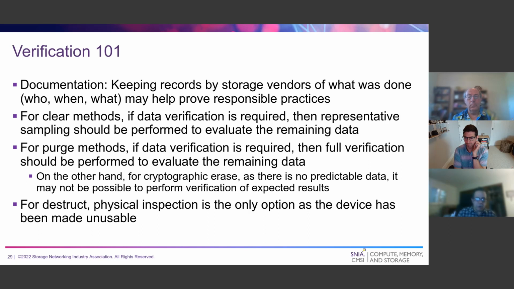The data is more important. It may be more important to your organization to ensure that it's completely gone. In the cases where the data is not available, such as cryptographic erase, where there's no predictable data available, it may not be possible to look for expected results, but you can look for the absence of data. And we've already talked about Destruct.